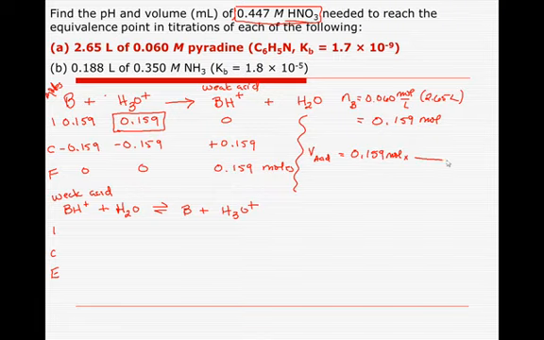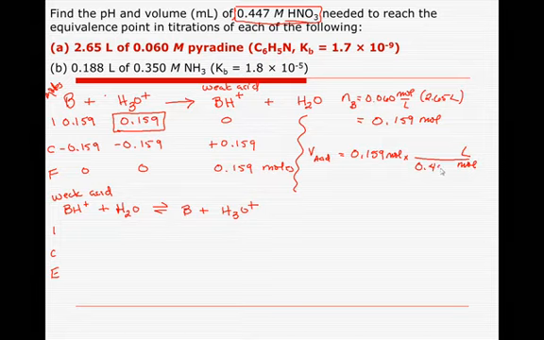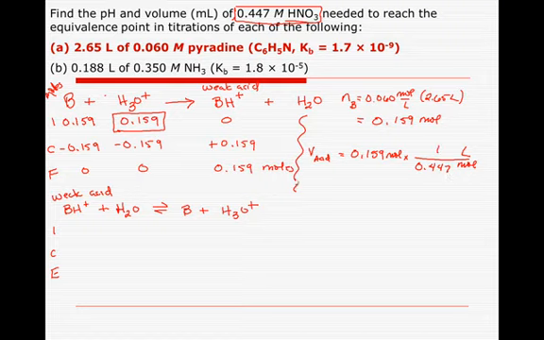I don't want moles. I want volume of the nitric acid. The molarity is 0.447 moles per liter. And that is going to give me a value of 0.356 liters.